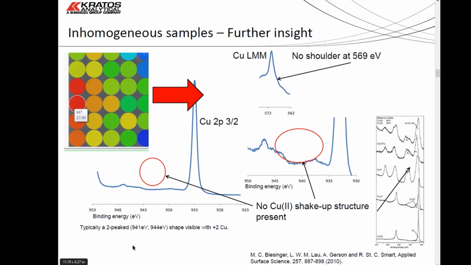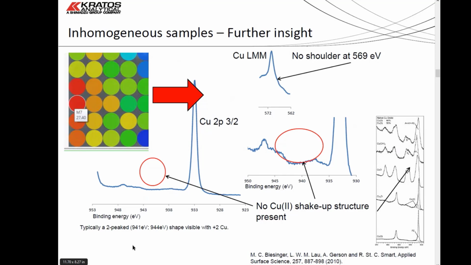The main motivation is that these people are interested in the copper nanoparticles, they're not interested in the HOPG. You could then go along to one of these locations, M7 here, and do subsequent analysis of that location and identify the oxidation states. So instead of just sitting in one location in the middle, because it's geographically in the middle, so that's where people naturally tend to analyze, you could find where the area of concentration is highest, go there in this mapping routine, and then get the information on the copper.